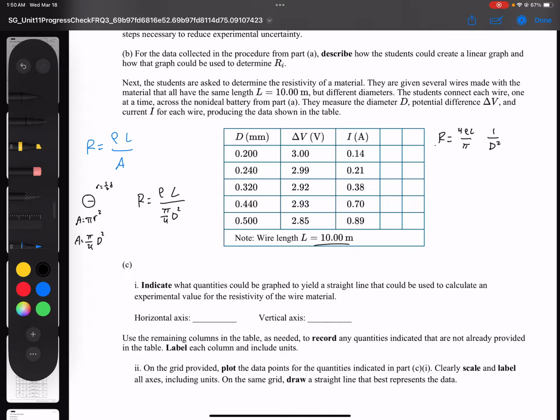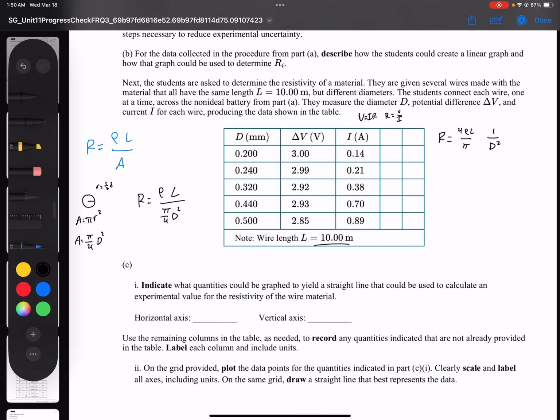And then my resistance R, they don't tell us, but we have to calculate it. So I know that if V is equal to I times R, R is equal to V over I. All right, that's the basic idea. And that's what you're going to be putting in the tables in terms of your calculated values.